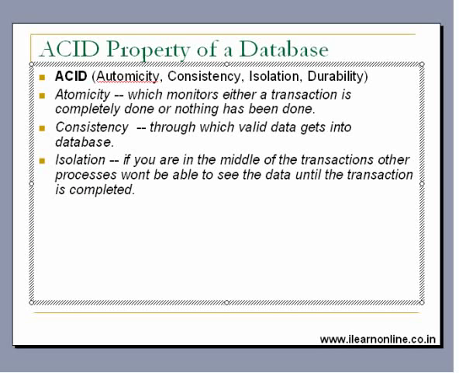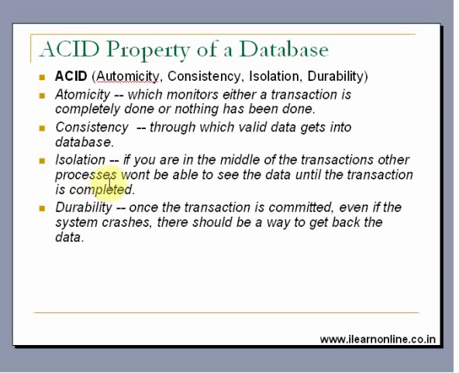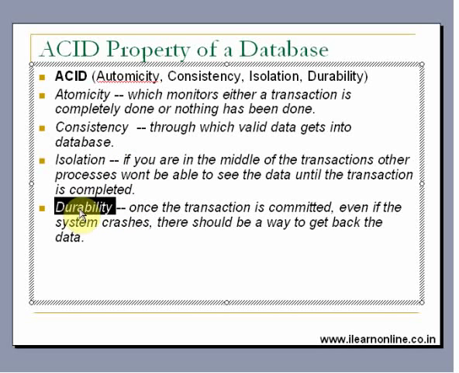So now the next one we will talk about is durability. Durability is basically how much confidence we have in the data. Once the transaction is committed, even if the system crashes, there should be a way to get back the data. So once the data is committed, that data is available no matter what happens to our systems.